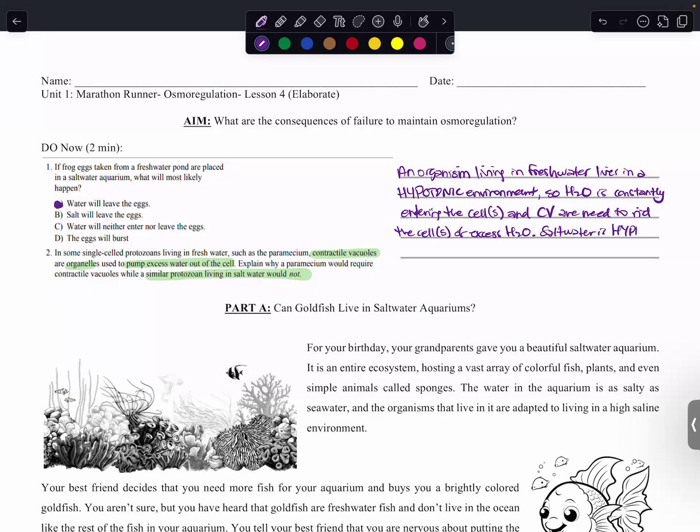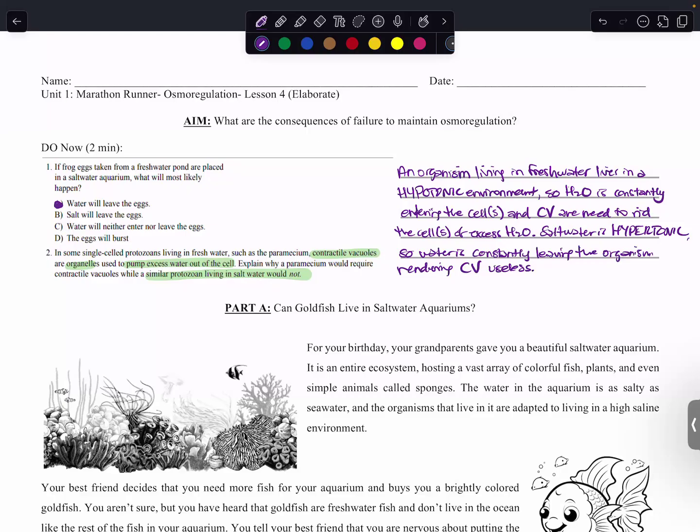is hypertonic. So water is constantly leaving the organism, rendering contractile vacuoles useless.